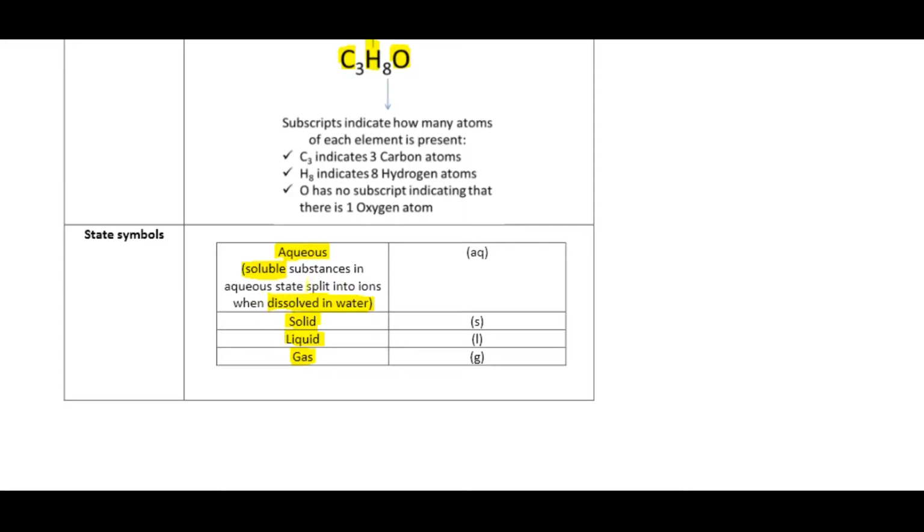They actually split into ions. So when you see a compound that has the state symbol AQ, which means that it is in the aqueous state, it means that the substance has dissolved in water and has split into its respective ions upon dissolving in water.